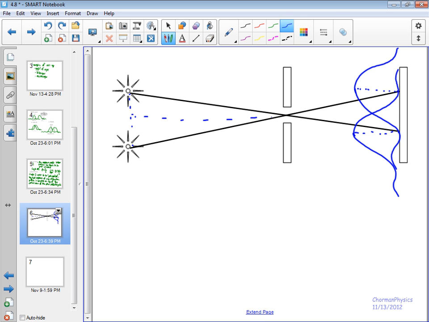There we go. So what we end up with here, this is the separation. So this is this dimension right here.